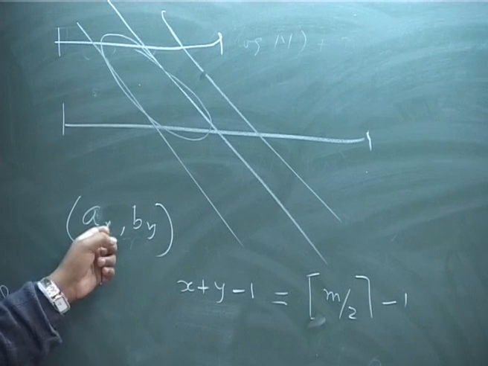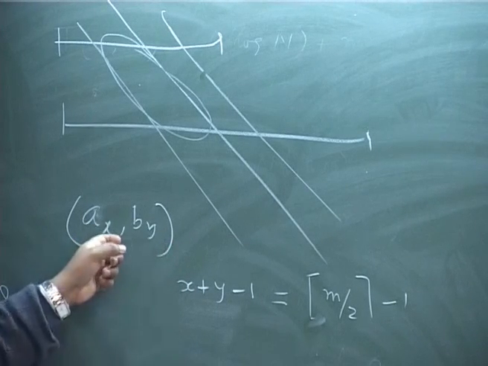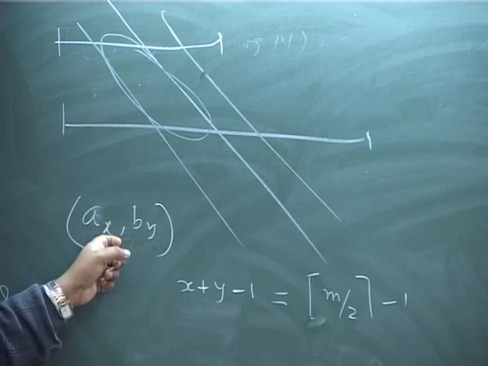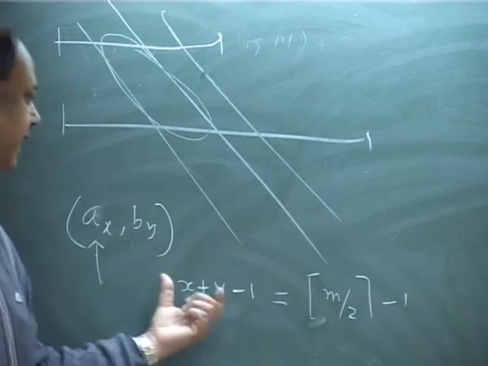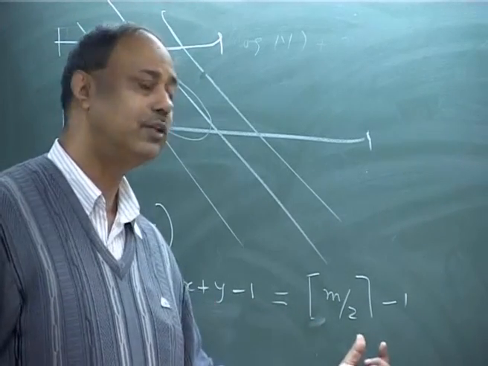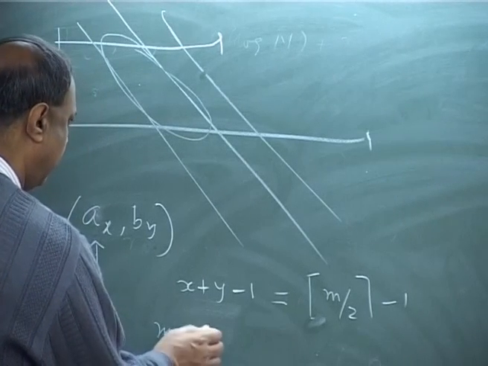Because x is the index, y is the index for the B. That tells you that many elements are smaller than this.